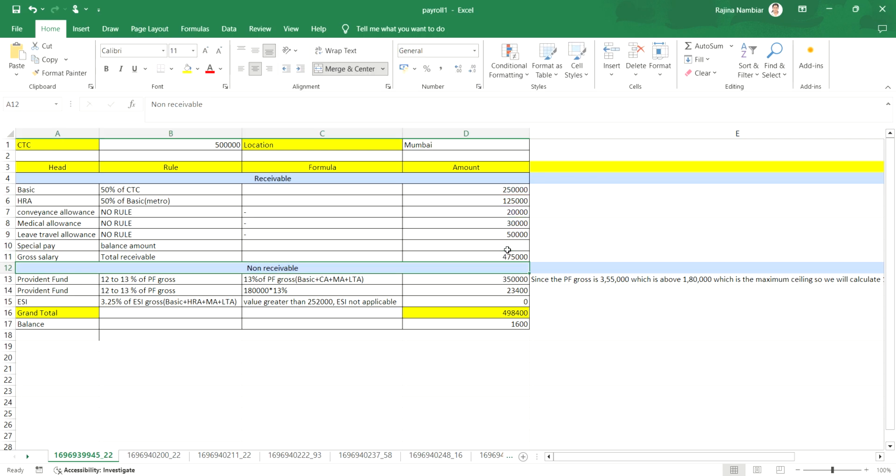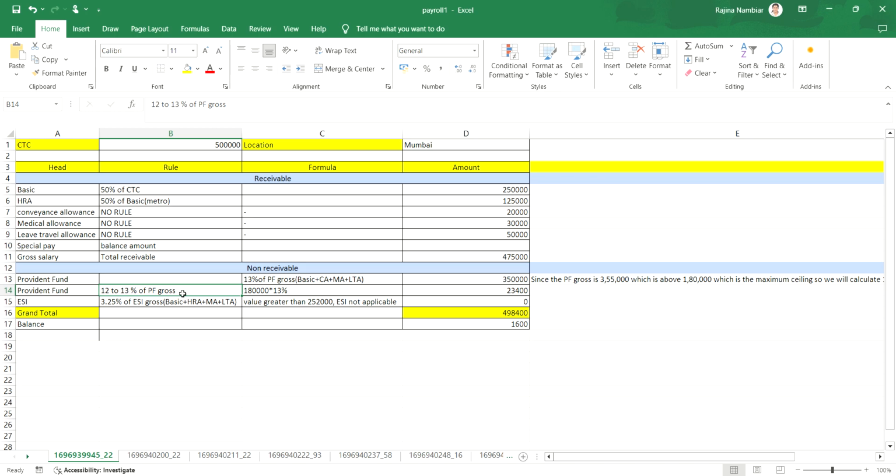So it comes to 4,75,000. Now the non-receivable part. And remember one thing, whenever you design CTC, it is cost to company, so it will only show the employer part of it.